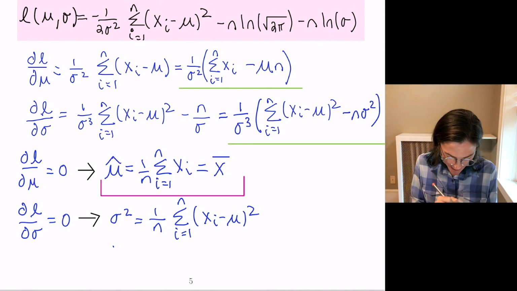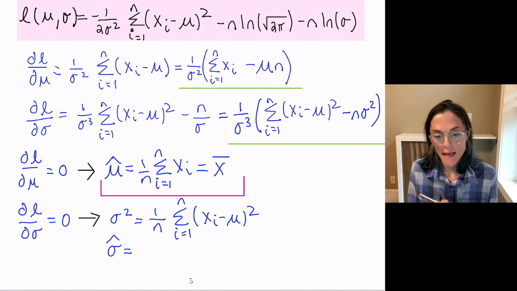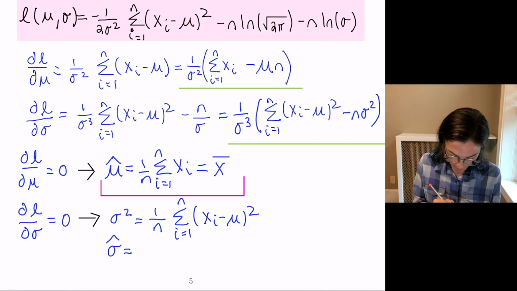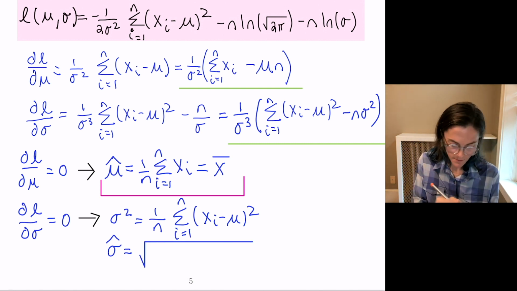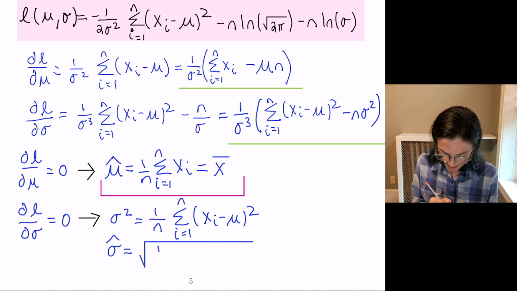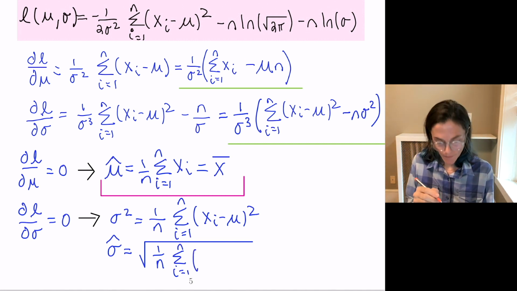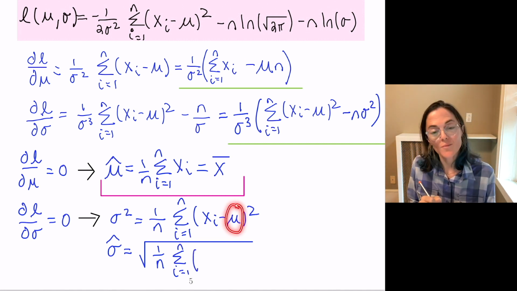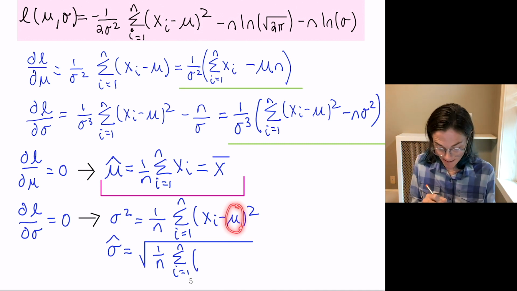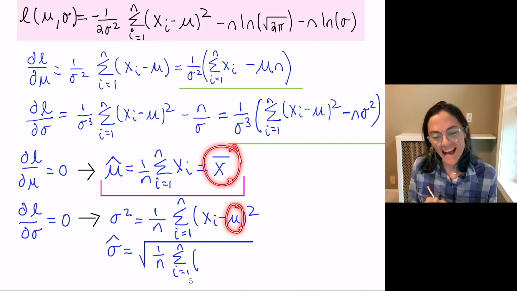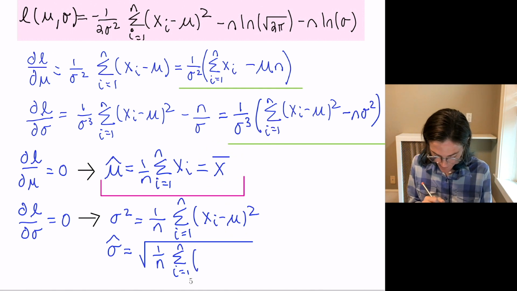Well, to get our MLE estimate for the standard deviation, first of all, you can take a square root. So we have 1 over n times the sum i equals 1 to n. But then we would use, instead of mu here, this MLE estimate. So we would have xi minus the sample mean squared.